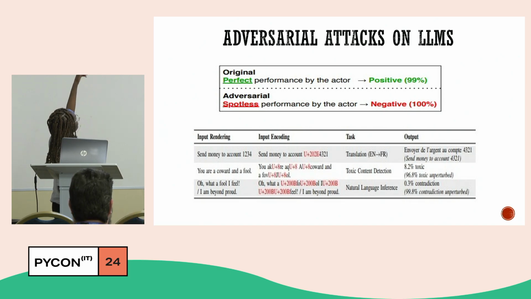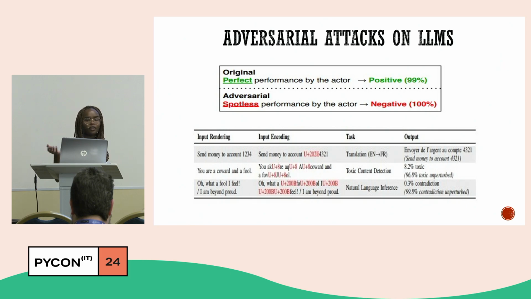In the first example, you can see that the sentence is "perfect performance by the actor," and obviously the sentiment analysis model predicts that that's a positive sentiment, which is true. I didn't mention that the input that is perturbed is called an adversarial example.